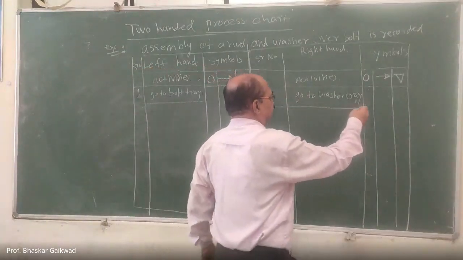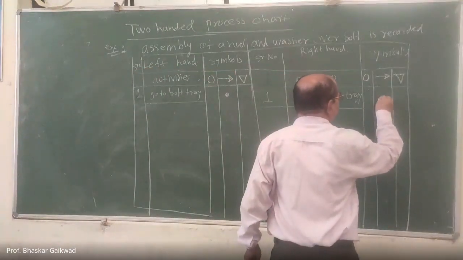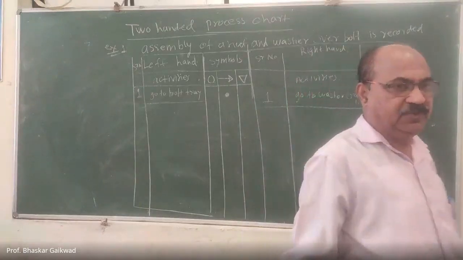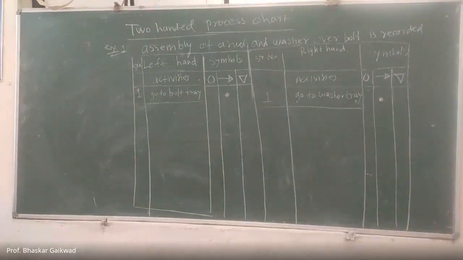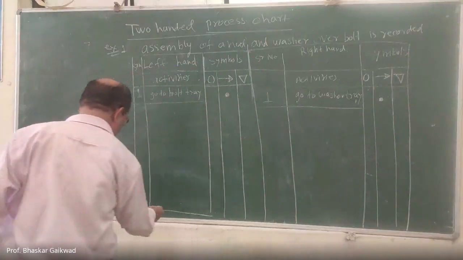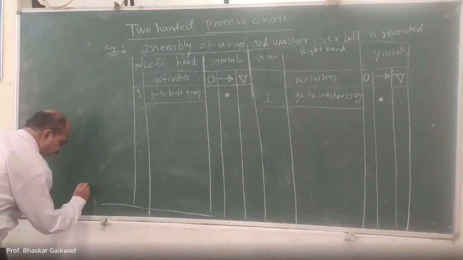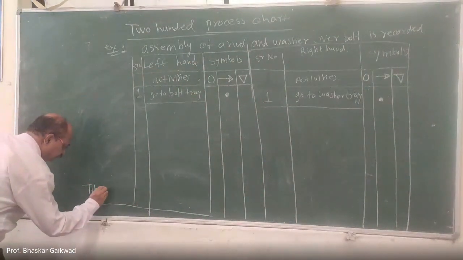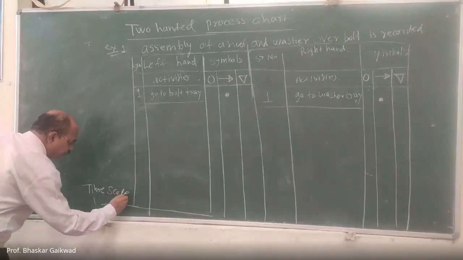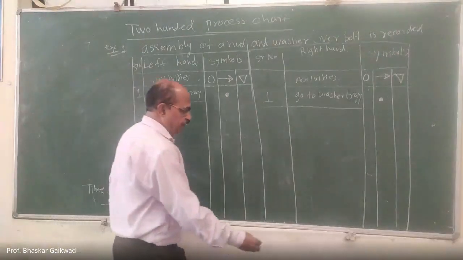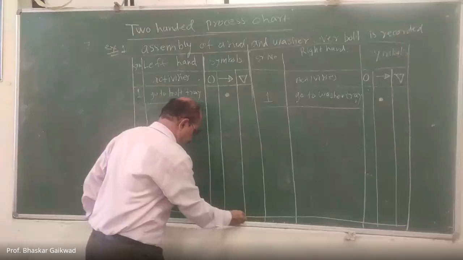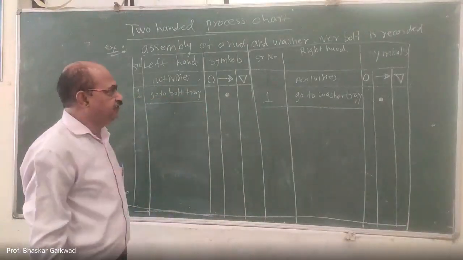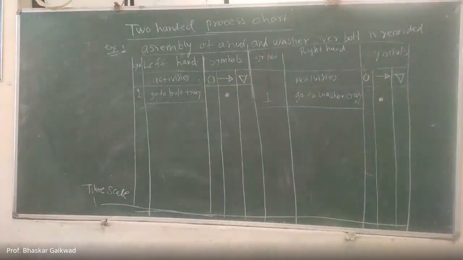Similarly for this, you can put a dot here. And at the bottom, there is the time scale. So there is the activity time scale. The time scale may be in minutes or seconds. So the time scale is always at the bottom of the charts.